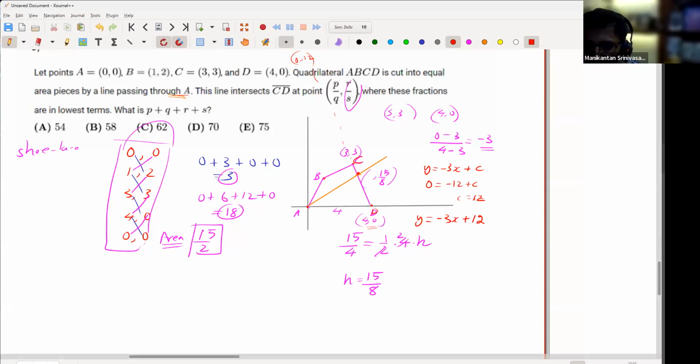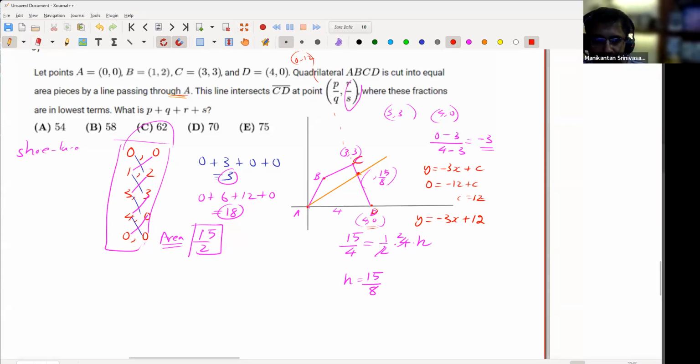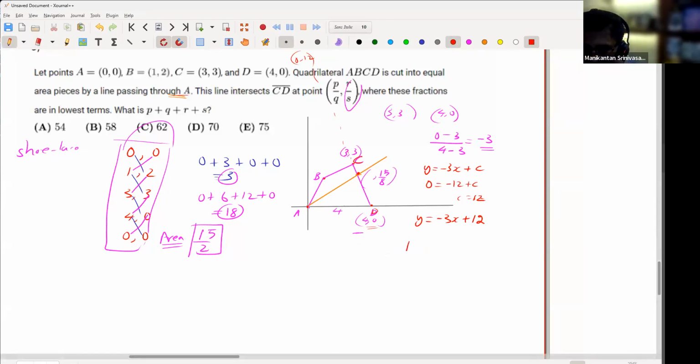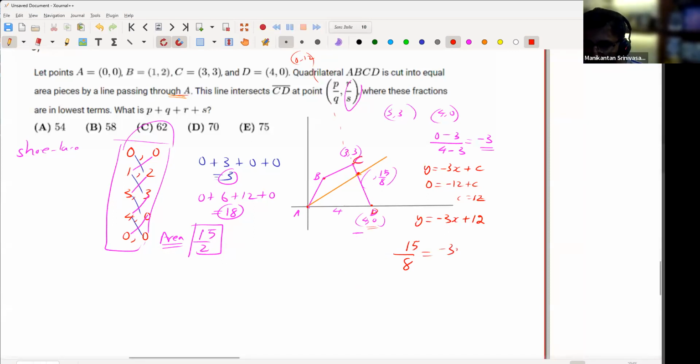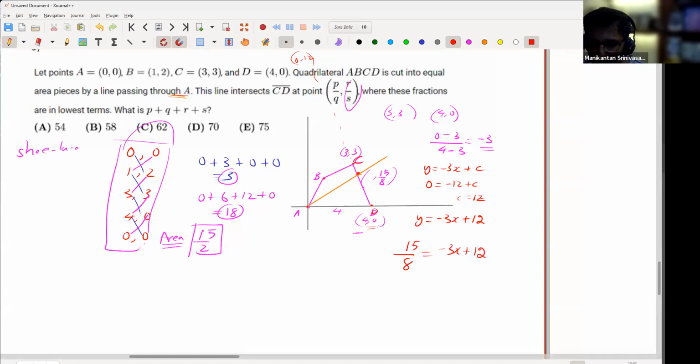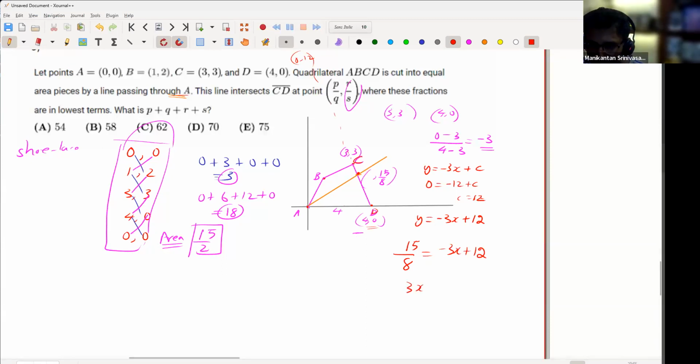And then we have to find an x for which the y value is known. The y value is 15 by 8 as we just figured out, right? 15 by 8 was the height. Therefore, we can back work. So 15 by 8 is the y value, is minus 3x plus 12. We can figure out the x value from here. So just a bit of manipulation. 3x equal to 12 minus 15 by 8.